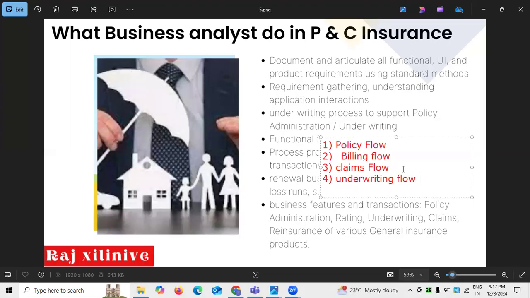Rating means, for example, a person has raised a request to us regarding policy issuance, right? Insurance is not a sale. Yesterday also I told you that insurance has nothing to do with sales. Insurance is a request raised by an individual to insure his property, his life, or his vehicle with an insurance company.